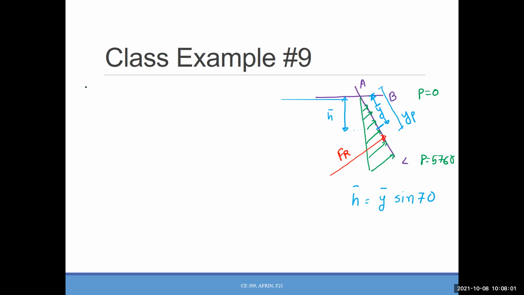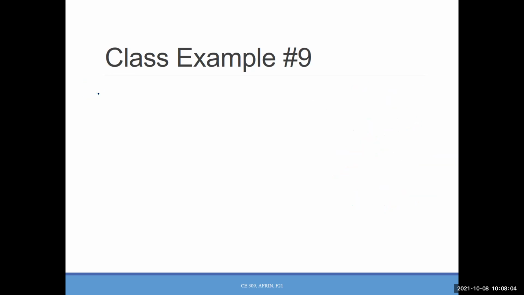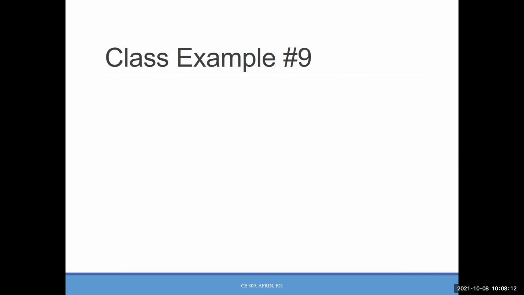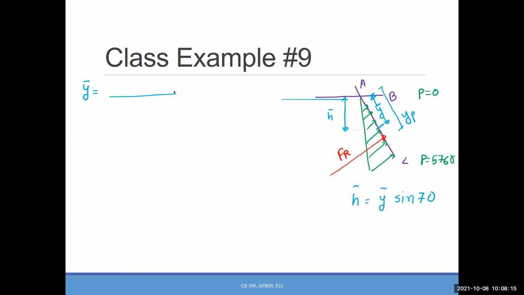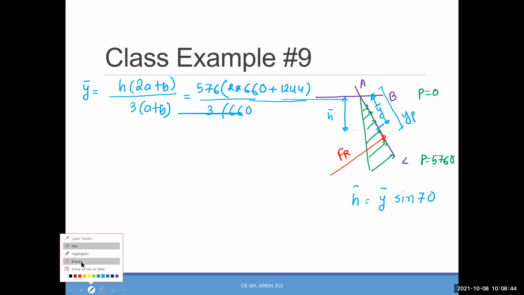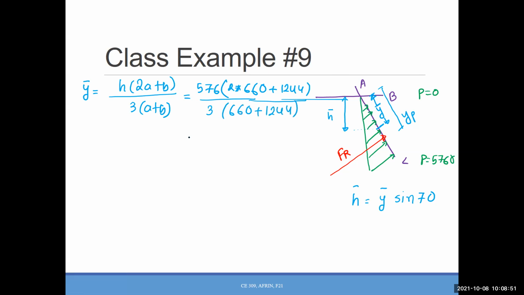So what we will do, we will calculate the Y bar first from that equation. H times (2A plus B) over 3 times (A plus B). So let's write down that. Here, H is 576, we know that. 2 times 660 plus 1244, over 3 times (660 plus 1244).